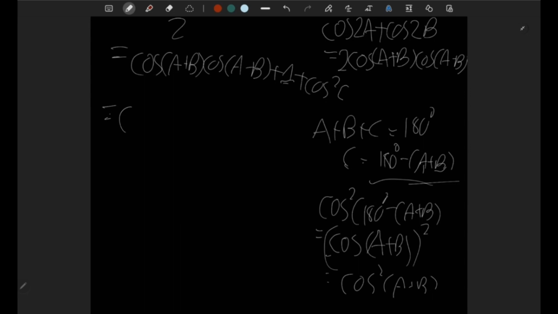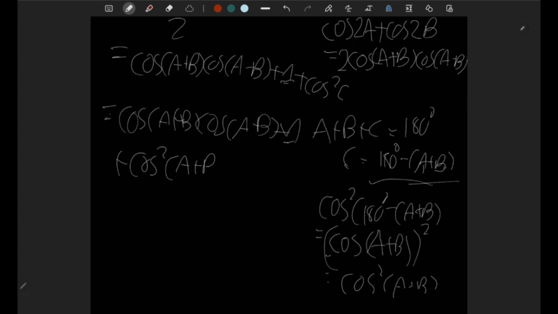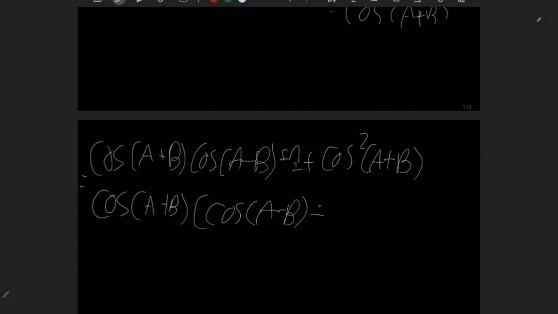Therefore, the answer will be cos (A plus B) cos (A minus B) plus 1 plus cos squared (A plus B). Now, once we're done with this, we can collect them both by using A plus B, because they have the same factor. We'll get cos (A minus B) plus cos (A plus B) plus 1.